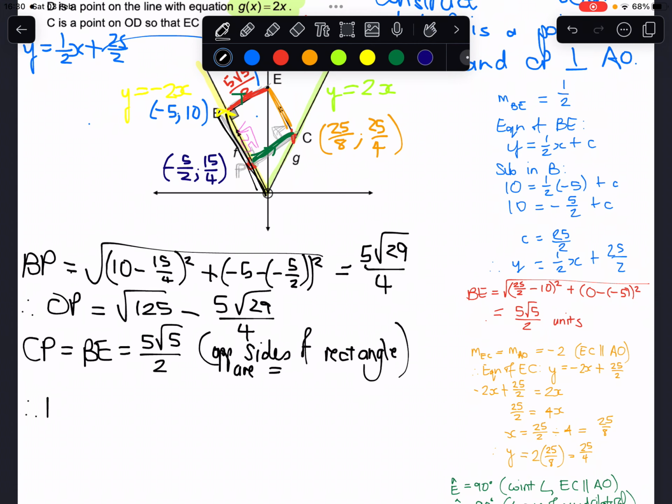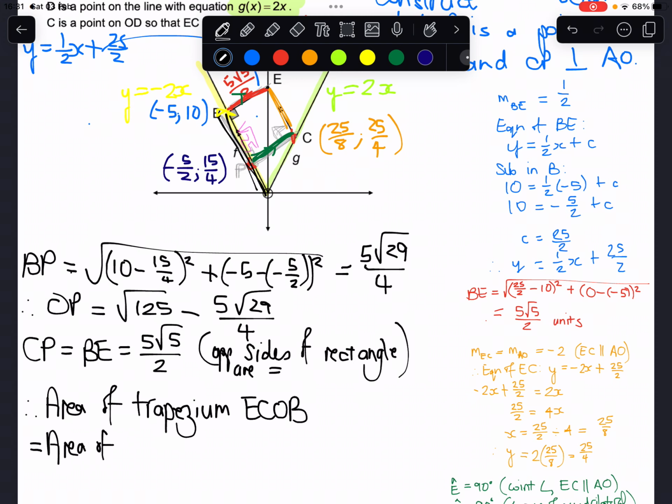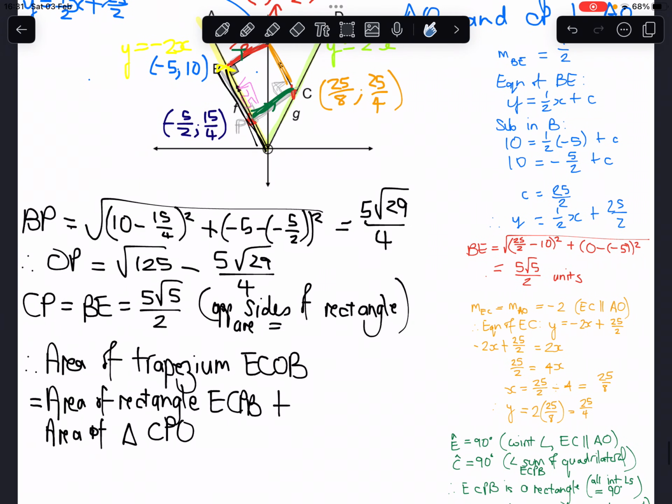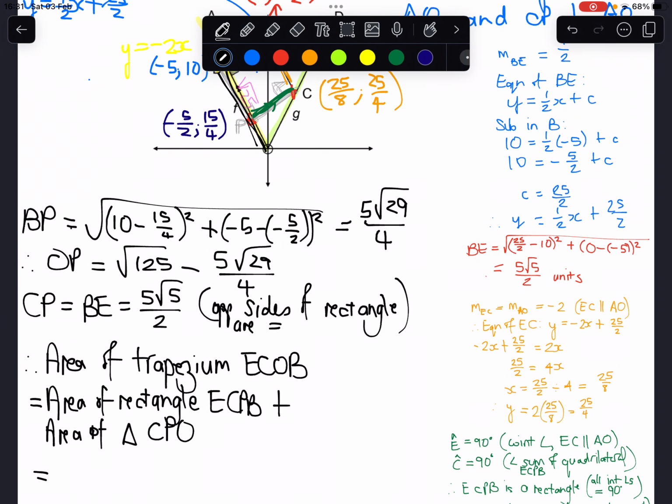So therefore, the area of trapezium ECOB is going to be equal to the area of rectangle ECPB plus the area of triangle CPO. Okay, so let's work out what each of those is.